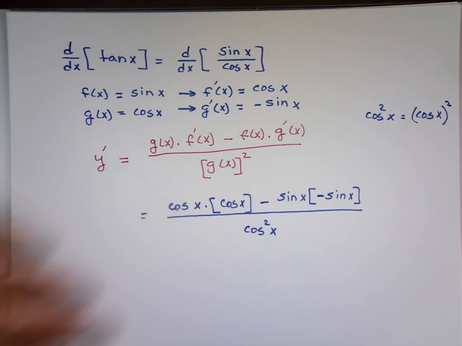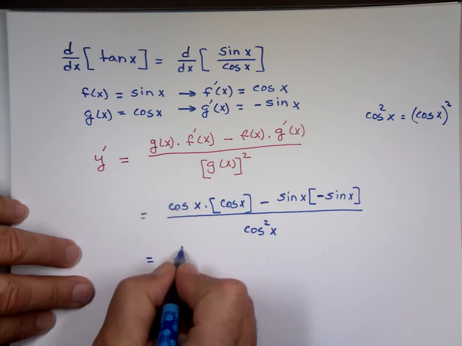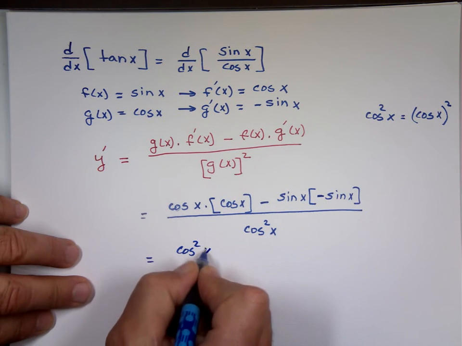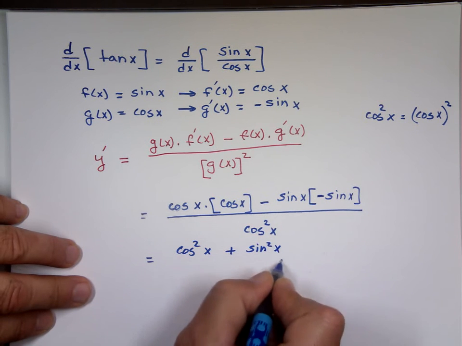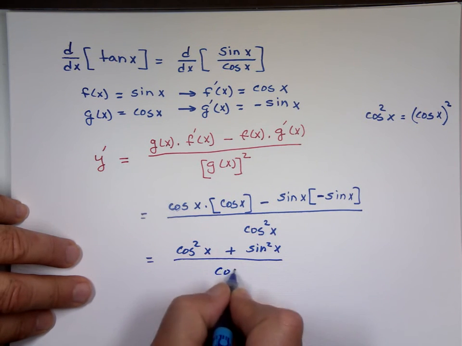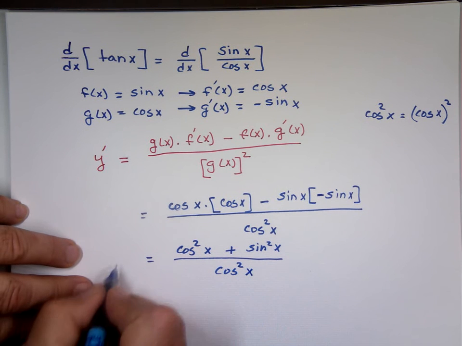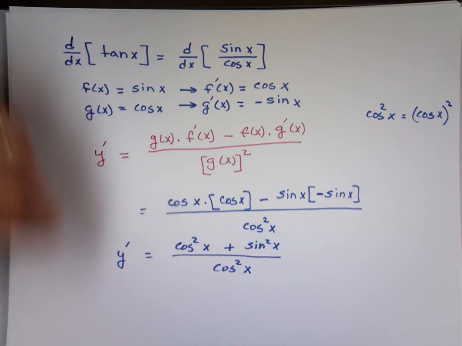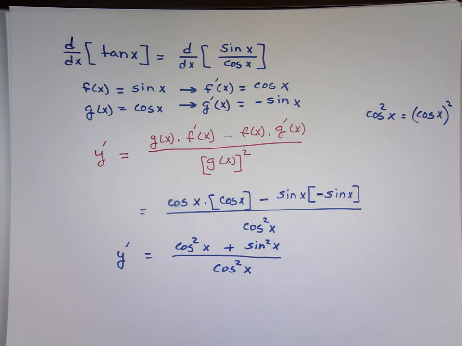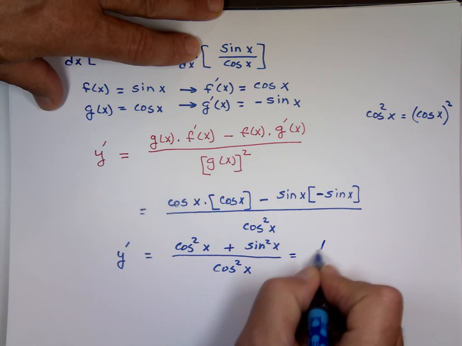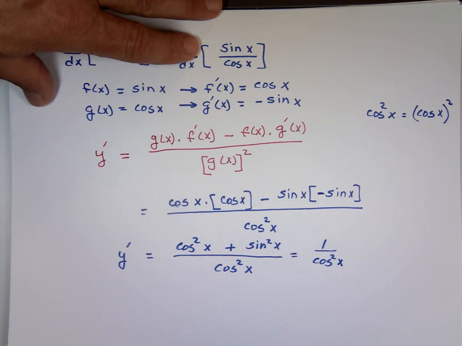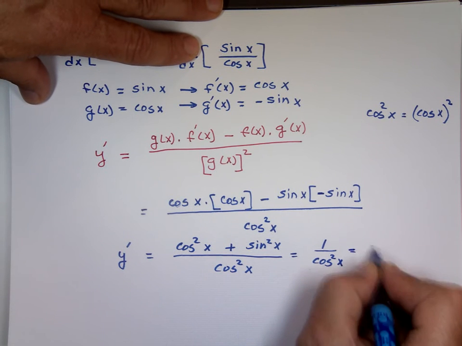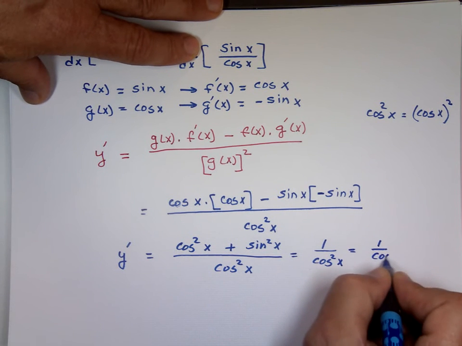So this ends up being what? Cosine squared x plus sine squared x, all divided by cosine squared x. We have a trig identity that says cosine squared plus sine squared of any number is always what? 1. And if you want to rewrite that nicely, you can say 1 over cosine of x, the whole thing squared.